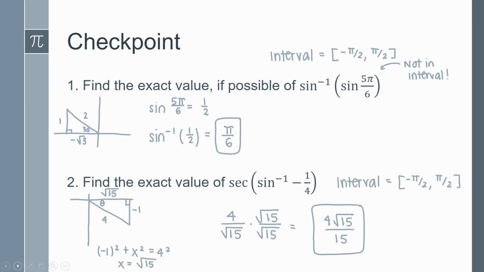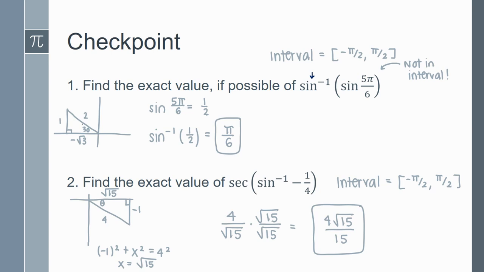In the first one, since we're dealing with the same trig function, we deal with the outside first. The inverse sine means we're thinking about the interval of -π/2 to +π/2. 5π/6 is in the second quadrant, so that's not going to fit the first and fourth quadrants. If it's not in the interval, I needed to sketch my triangle in the second quadrant.